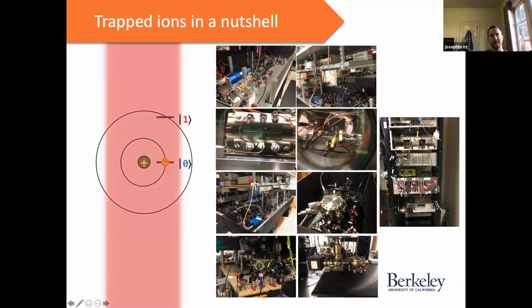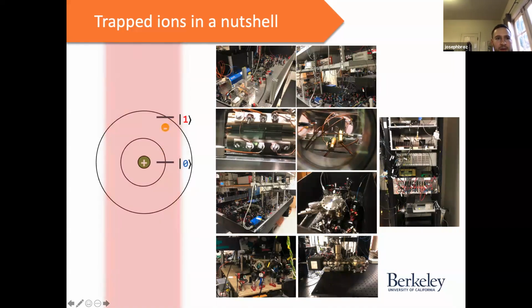And this is just a picture of our lab, which is kind of thrown together a little bit, but this is all the cool stuff that we have in here. This is the actual trap right here that you saw earlier. This is the vacuum chamber containing it, and this is where I do all my quantum computation experiments. I just wanted to point out this thing is held together with duct tape, loose paper, and paper towel rolls.